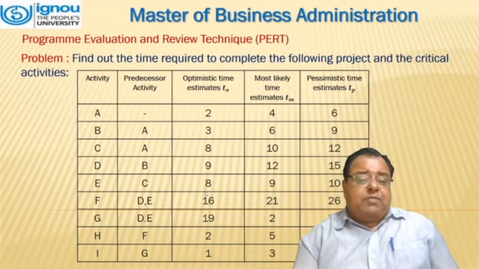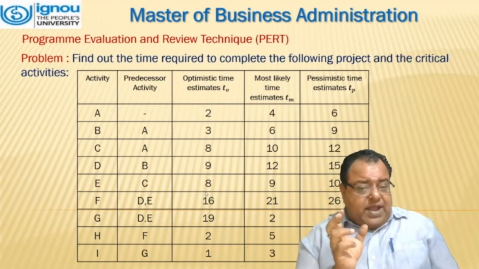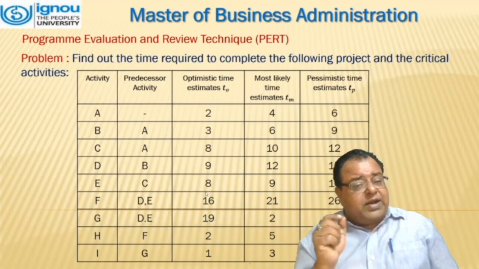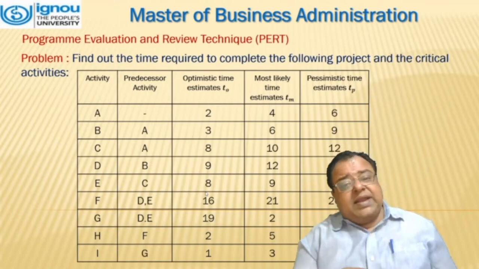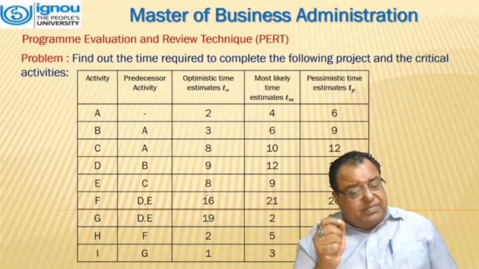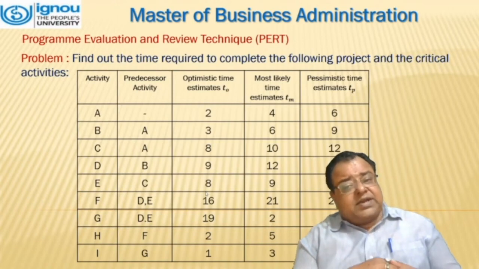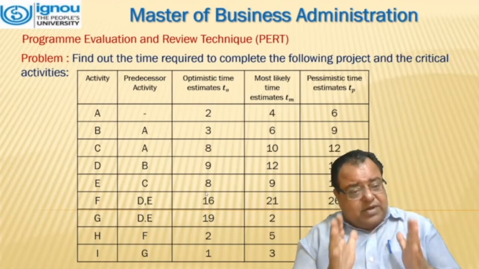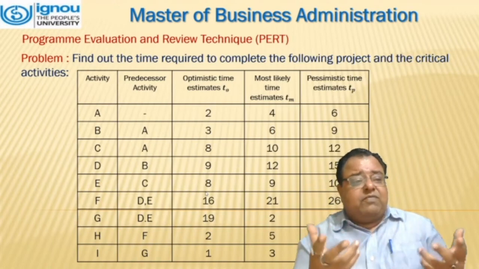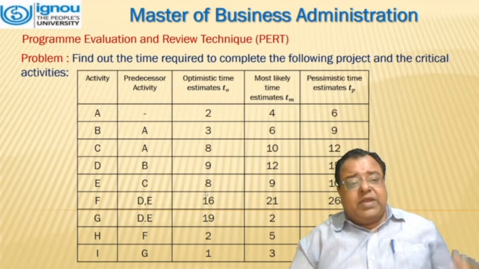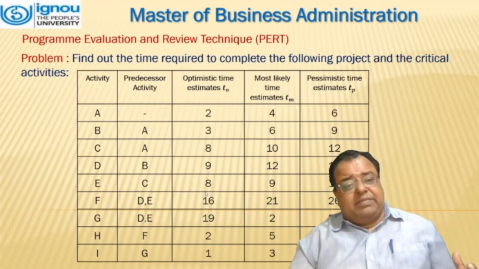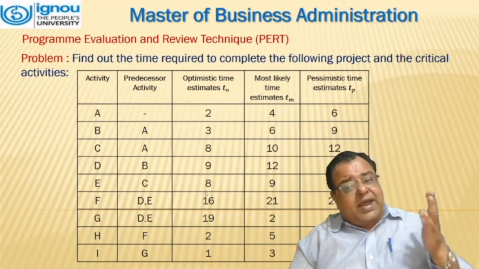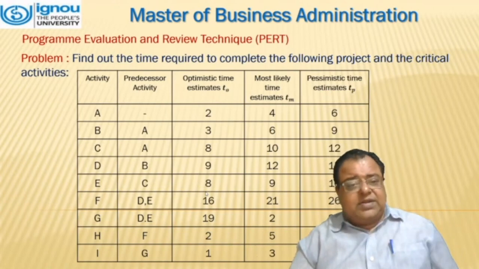Now we are provided with the optimistic time estimate, represented by TO, the most likely time estimate, TM, and the pessimistic time estimate, TP. This again will be given to you in tabular form. Now, what are we supposed to calculate? We have to find out the time actually required to complete the project and the critical activities.